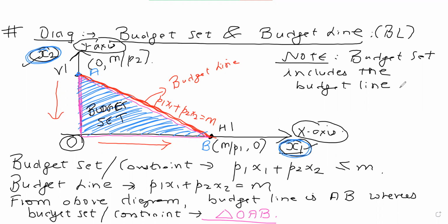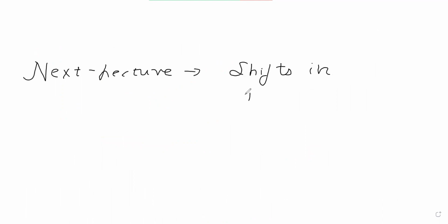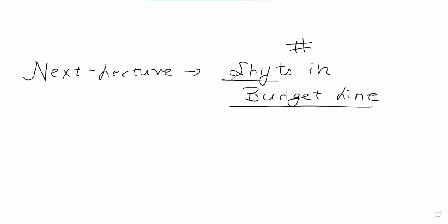In the next lecture on budget constraints, we are going to talk about shifts in the budget line. Today, we have derived the budget line, the horizontal and vertical intercepts, the slopes, and we have done the interpretations. In the next lecture, we are going to see what factors cause shifts in the budget line.